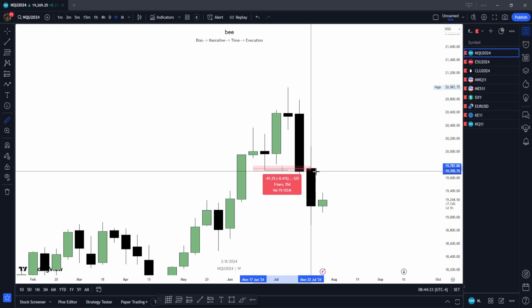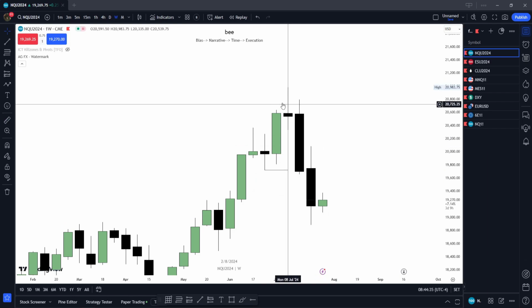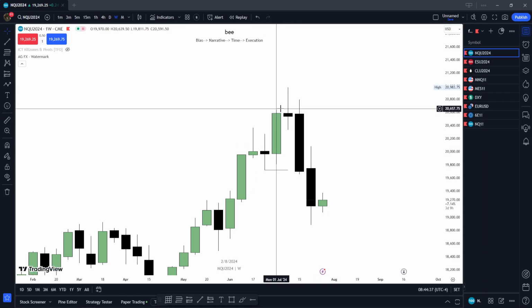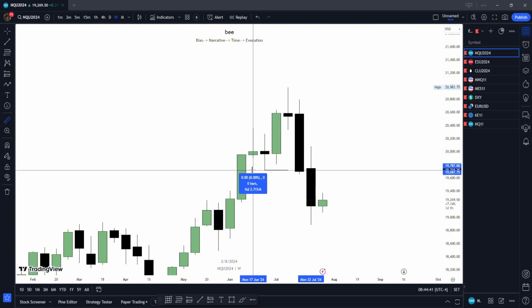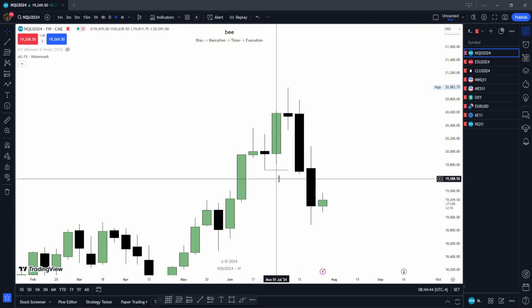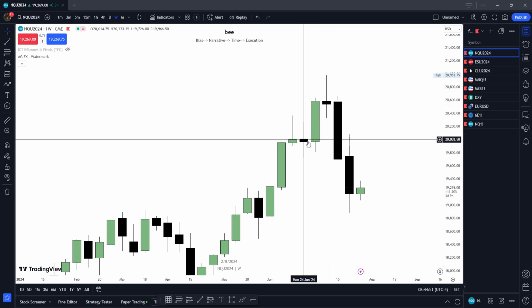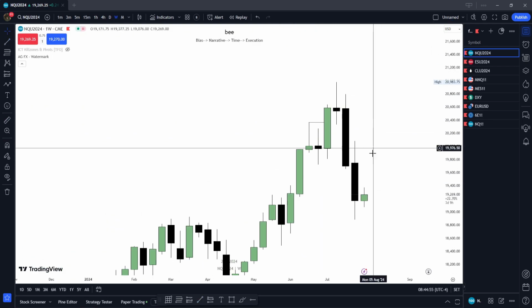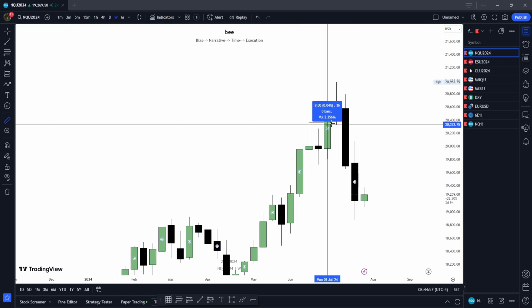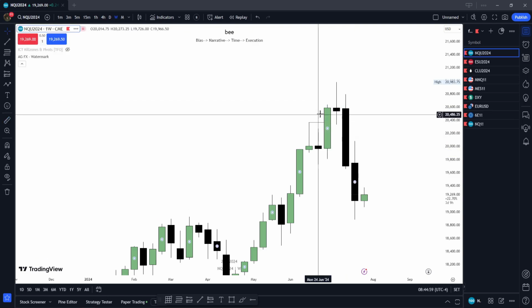This is an old low. The price targeted it after sweeping out the previous weekly high, reversed, displaced down, and took out this swing low right here. What was this candle's target? This candle's target was this swing high. But why can't we trade after that high?